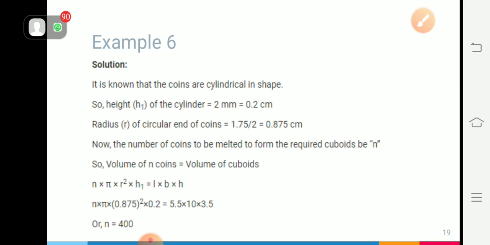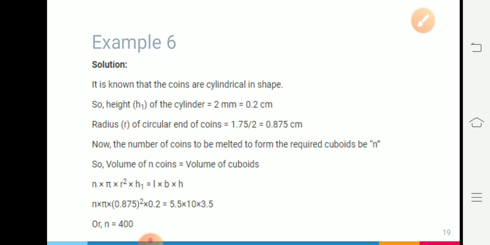So the coins which are cylindrical in shape, height is given 2 millimeter, which becomes 0.2 centimeter. The radius is given 1.75 by 2, which is 0.875 centimeter. So the number of coins to be melted to form the required cuboid be n, because we do not know how many coins.